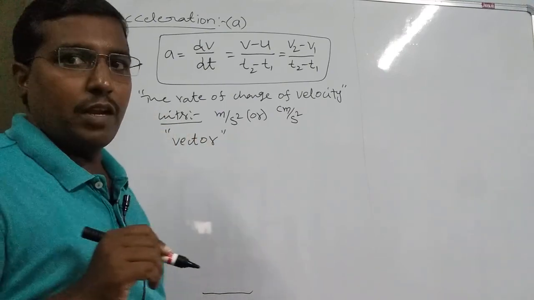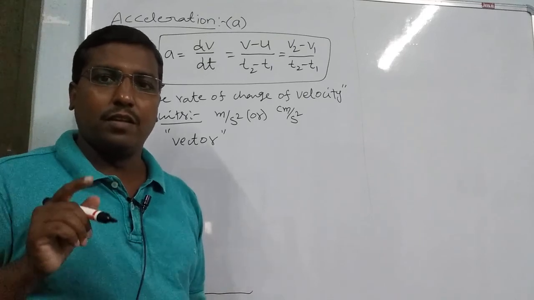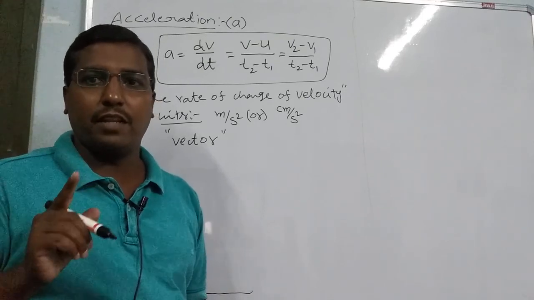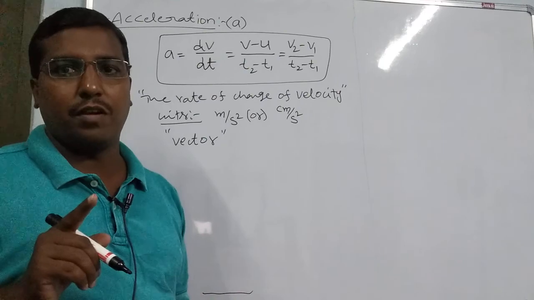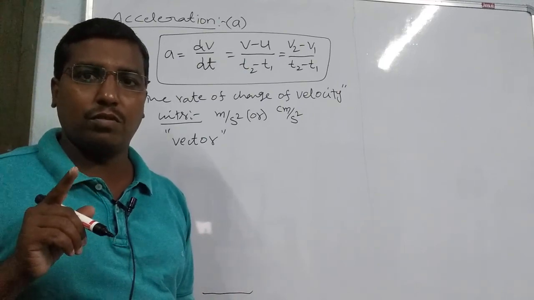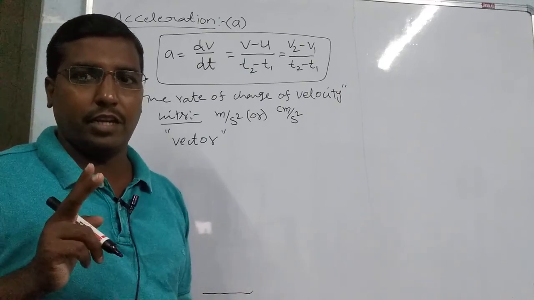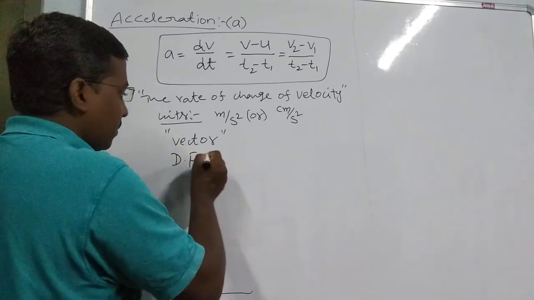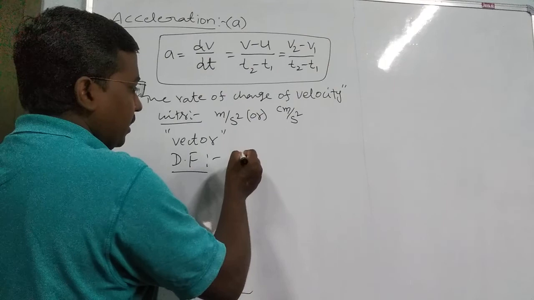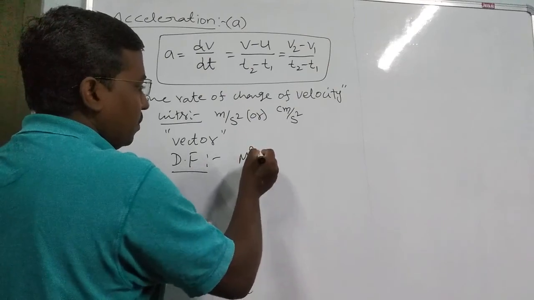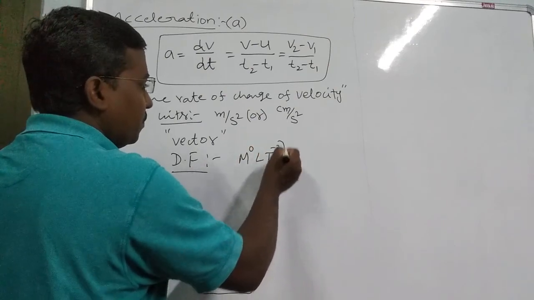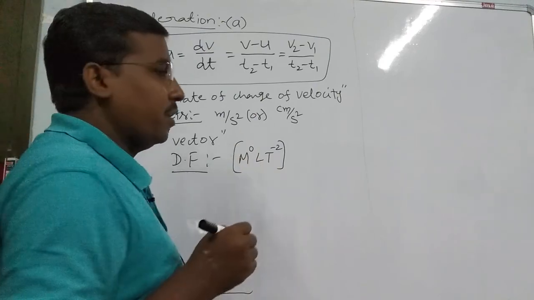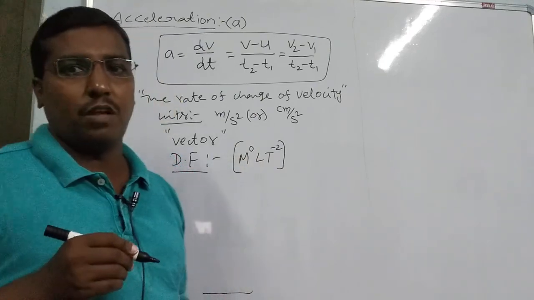Velocity is a vector quantity, so acceleration is also a vector quantity. Vector means it has both magnitude and direction. The dimensional formula is M^0 L T^-2, or simply L T^-2.